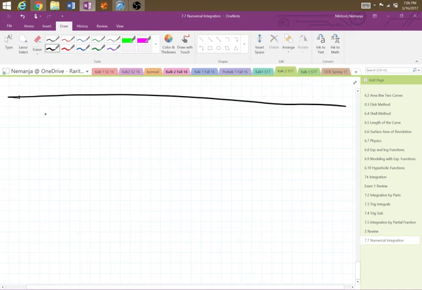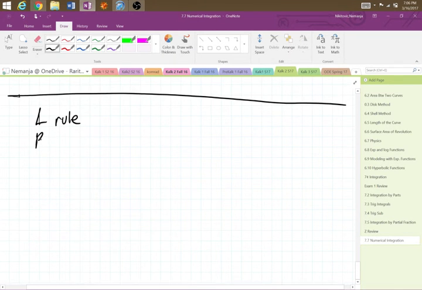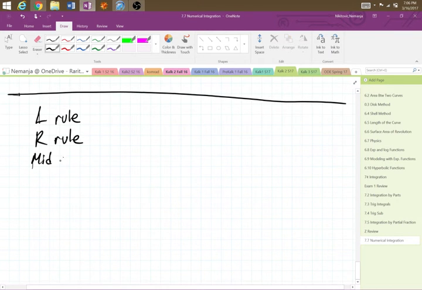So we have left rule, right rule, and mid rule, all of which are horizontal line approximation. We call that constant approximation because all of them create that flat linear line on top that is horizontal line.